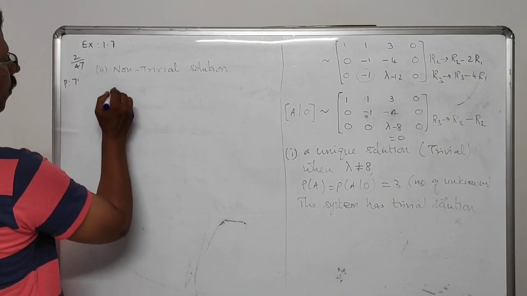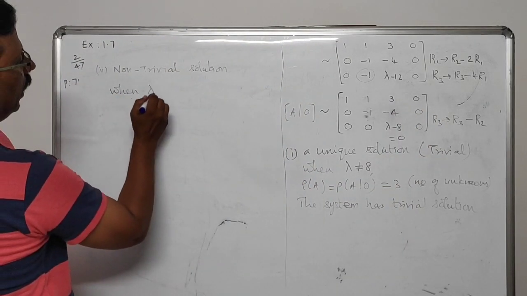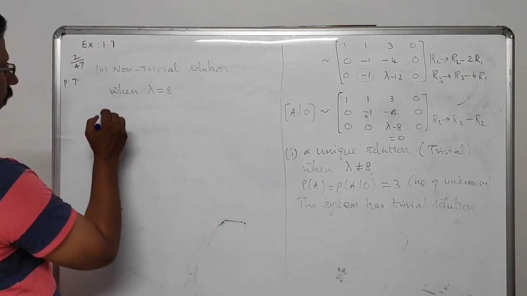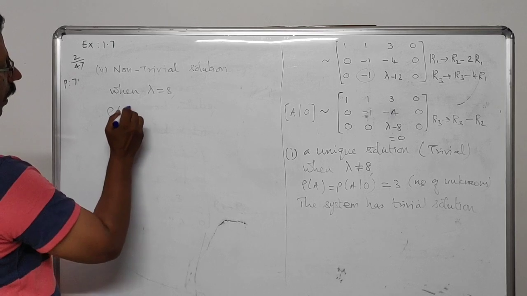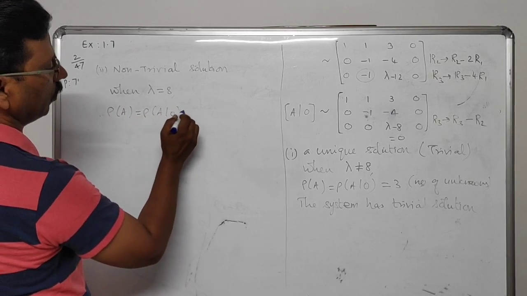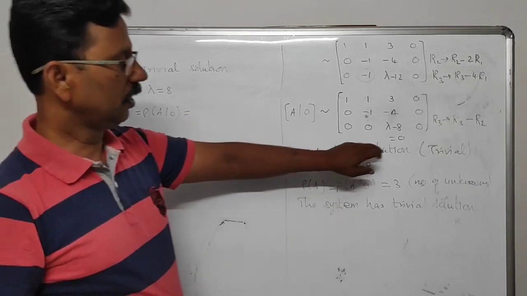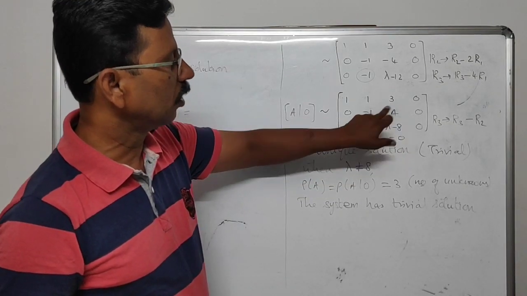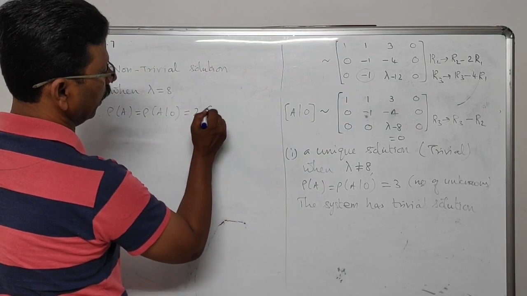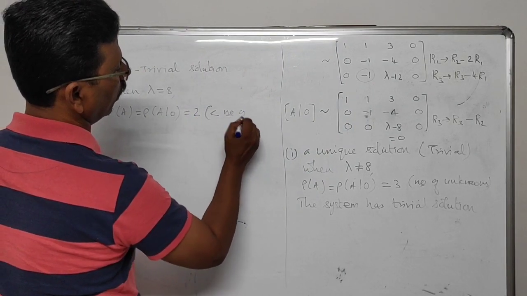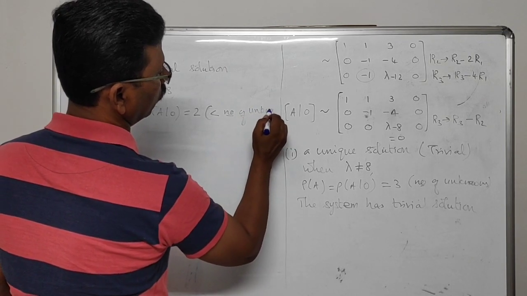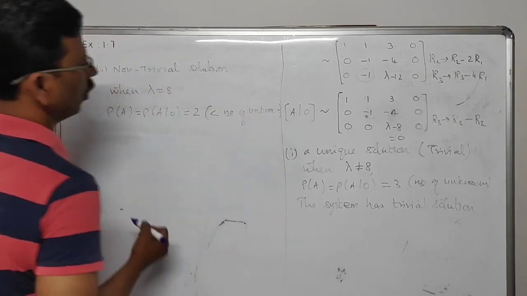Therefore we can say when lambda is equal to 8, rank of A equals rank of A0, which is equal to, if this is 0, we have two non-zero rows, therefore rank will be 2, which is less than the number of unknowns.